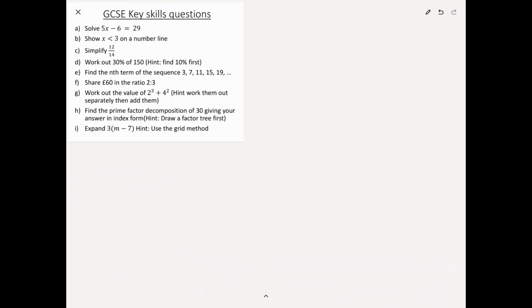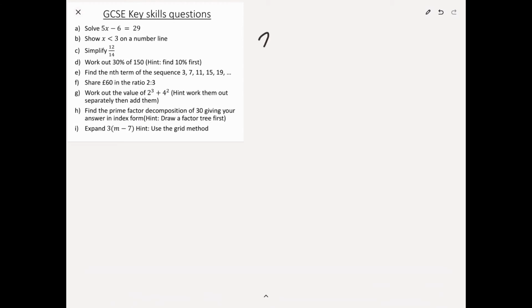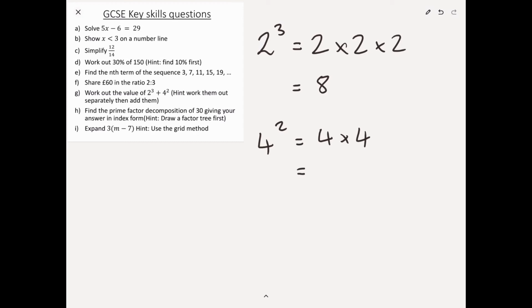So 2 to the power of 3 is 2 times 2 times 2, because there's a 3 at the top, there's 3 2's there. 2 times 2 is 4, times by 2 again is 8. 4 squared now, that's 4 times 4, we're squaring it, timesing it by itself, that's 16. Now we need to add those two together. 8 add 16 and we get 24. 24 is our answer then for question G.